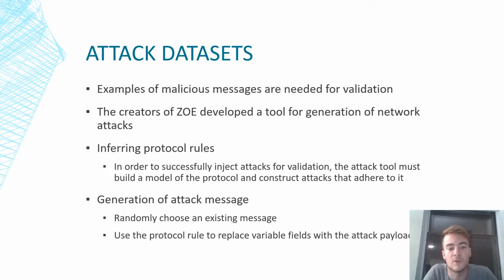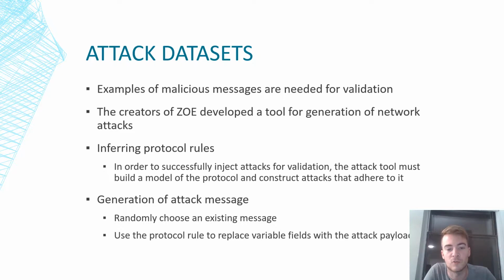In order to do this effectively, they needed to be able to infer protocol rules, meaning that in order to generate an attack message, that attack needed to tailor itself to whichever protocol it was pretending to be.